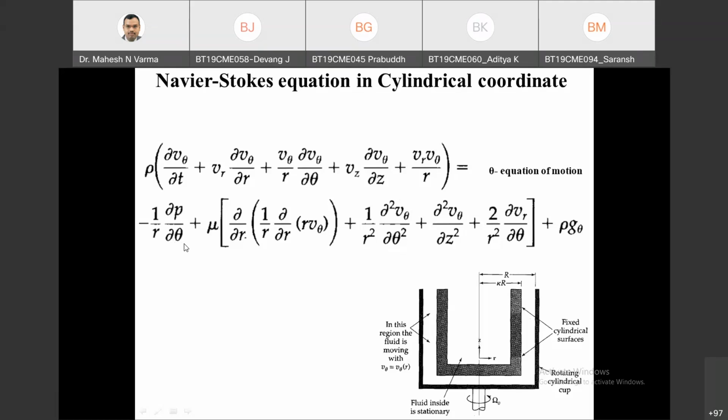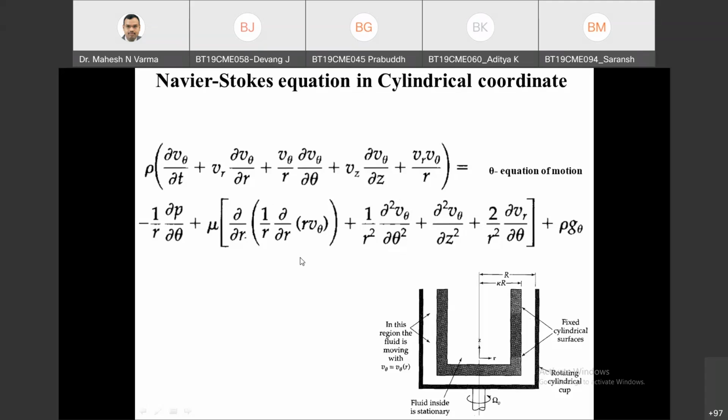No, because the problem is symmetric around theta. Okay, sir. So what do you mean by symmetric? It means if you move in theta direction anywhere keeping r and z constant, you will see identical properties, because the problem is symmetric around theta. Okay.